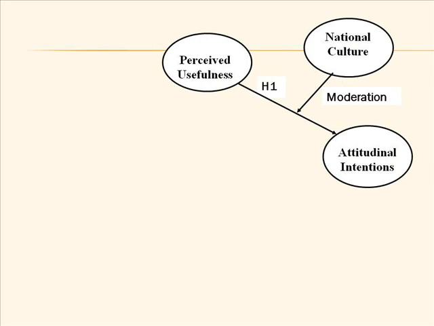The arrow goes from perceived usefulness to attitudinal intentions, as before, but there's a moderation hypothesis, an arrow going from national culture to the arrow between usefulness and intentions, and that's the moderation. In one culture, the usefulness will have more effect than in the other culture.